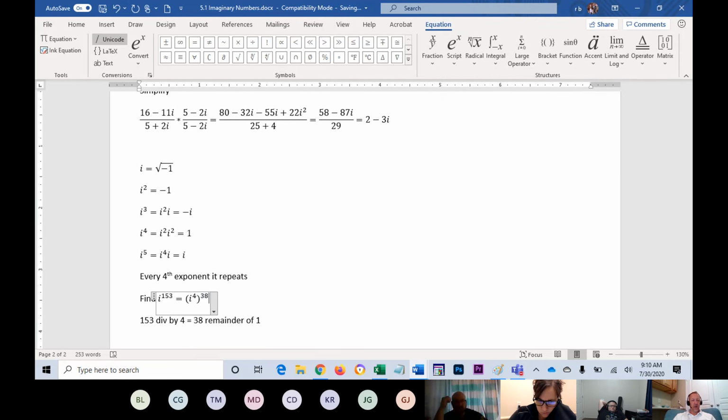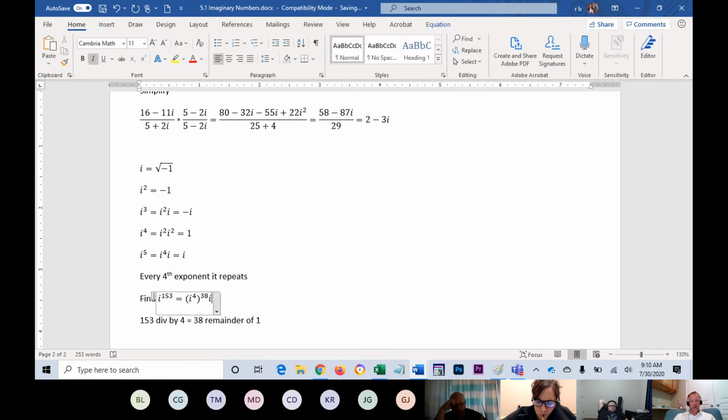All of that is just going to be 1, right? Because i to the 4th is 1. So I've got 1 to the 38th power times i. So that's just going to equal i. Does that make sense, Nicole?